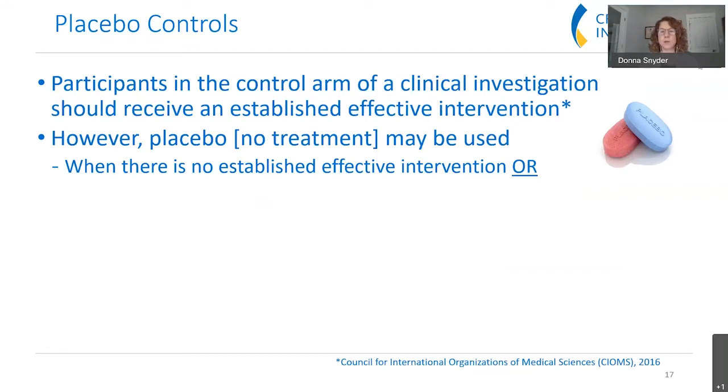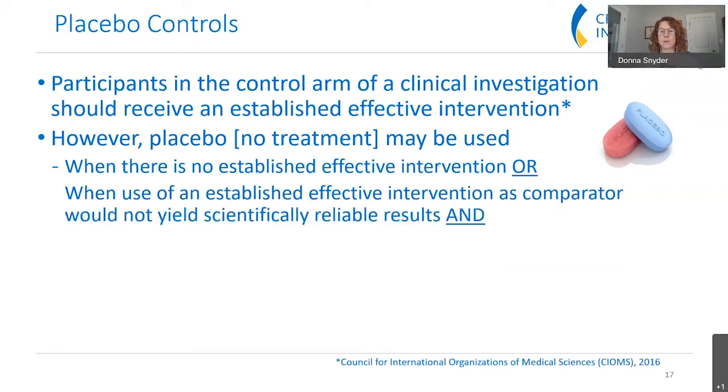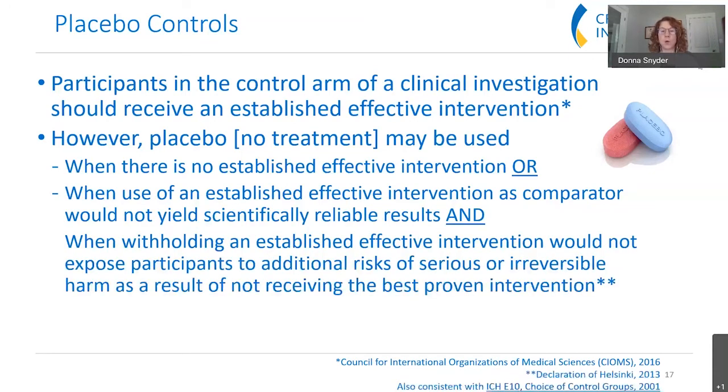When there is no established effective intervention, or when use of an established effective intervention as a comparator would not lead to scientifically reliable results, and when withholding an established effective intervention would not expose participants to additional risk of serious or irreversible harm as a result of not receiving the best proven intervention. So there may be situations where you can use a placebo even if you do have an established effective intervention, but only in this situation.